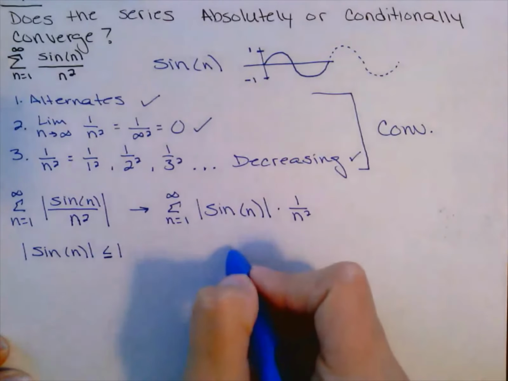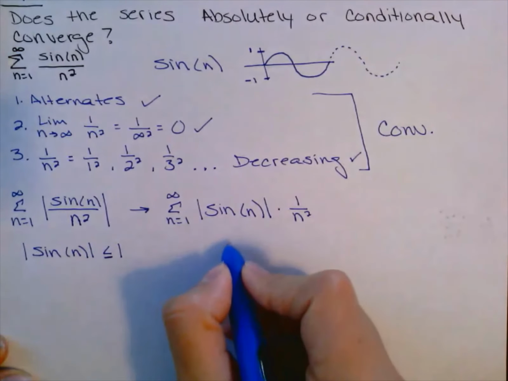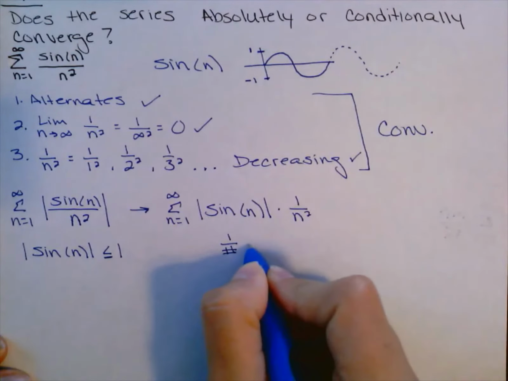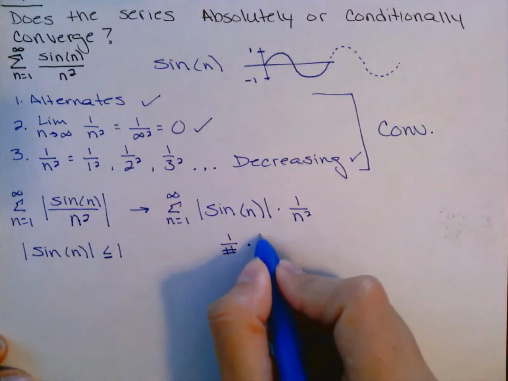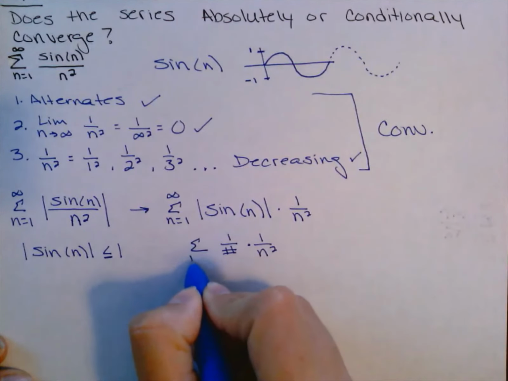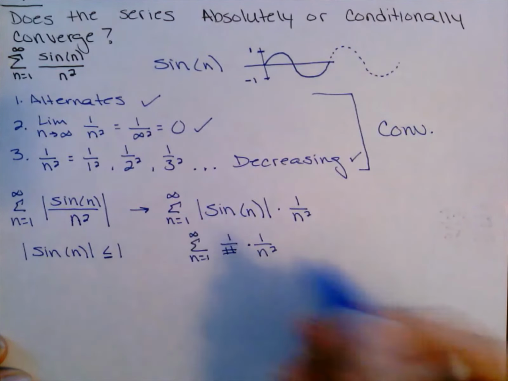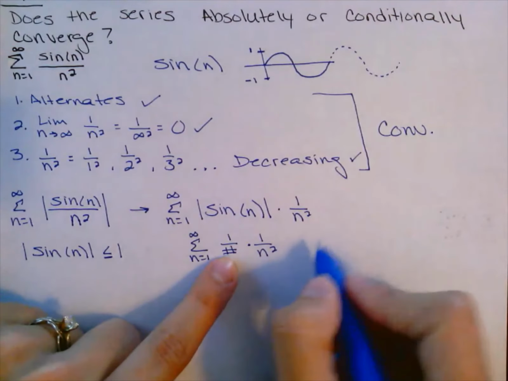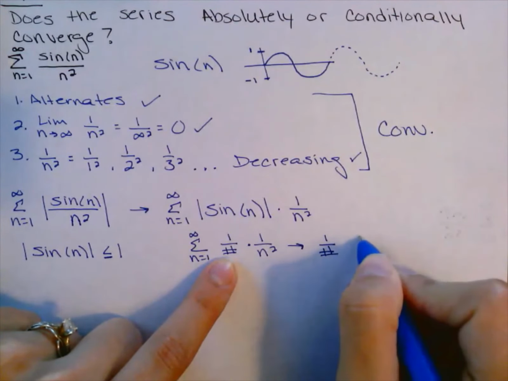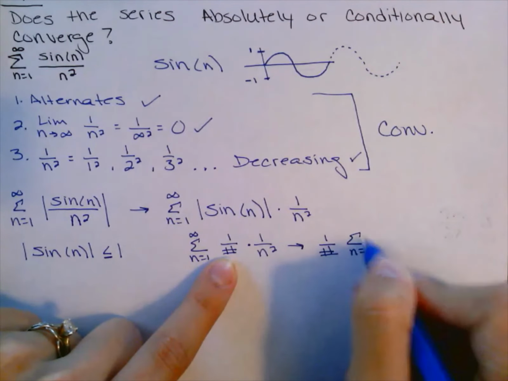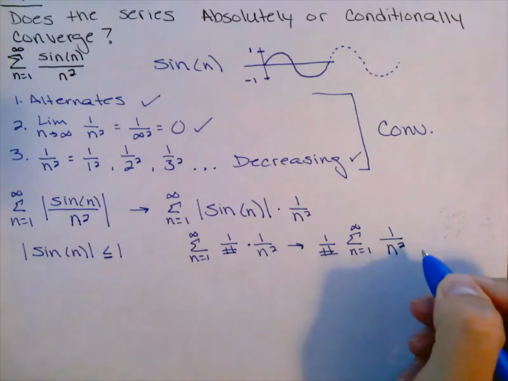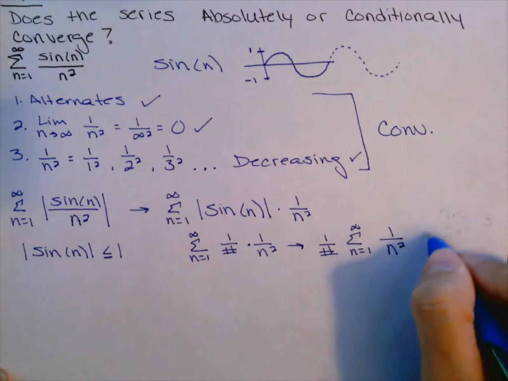So if I replace that here, that's going to be some sort of a fraction, like let's say 1 over some number, times that 1 over n squared. Now, if this is a coefficient, I can rewrite this on the outside. And what I'm really working with is 1 over n squared, which is a p-series.